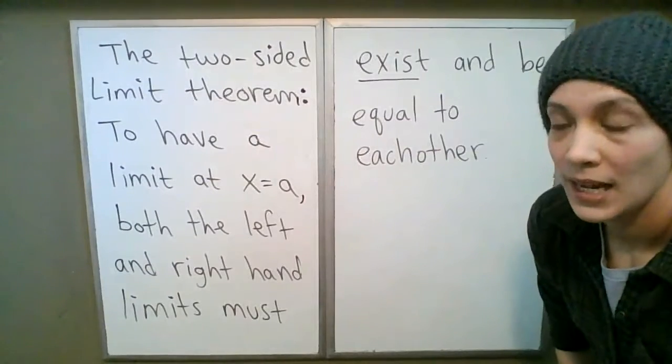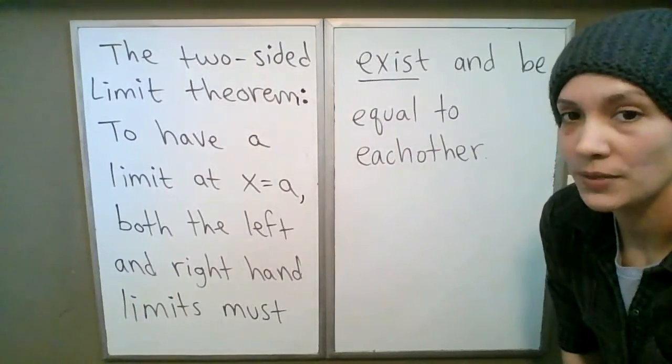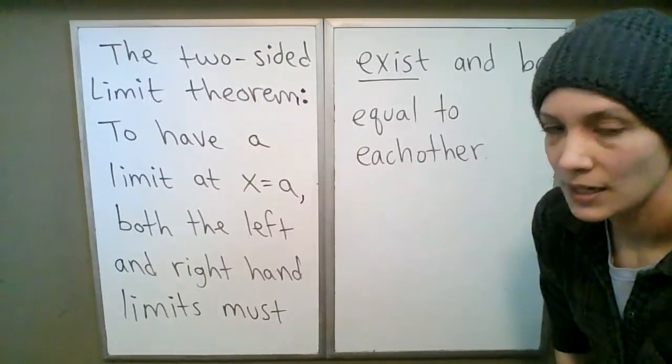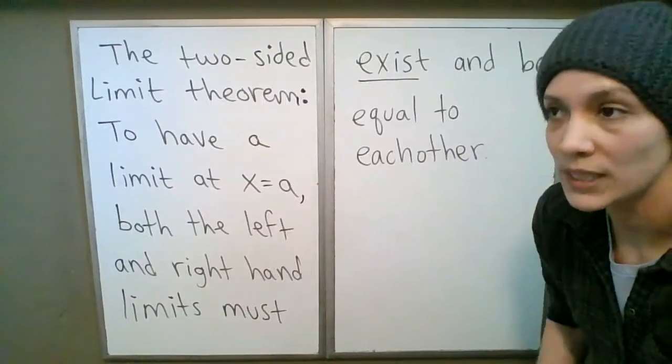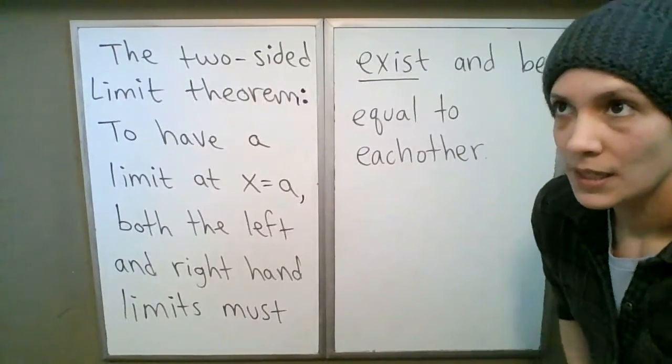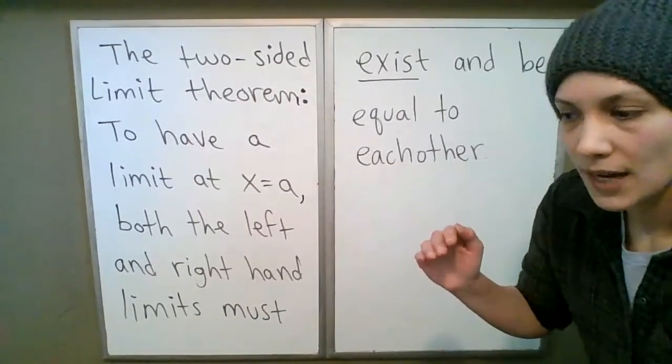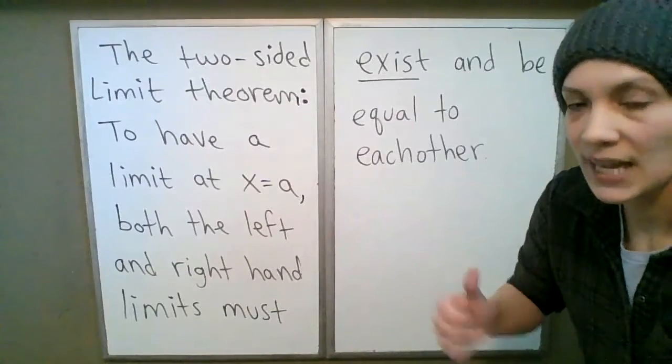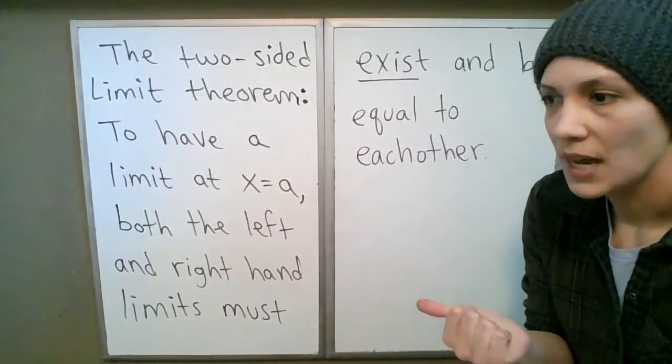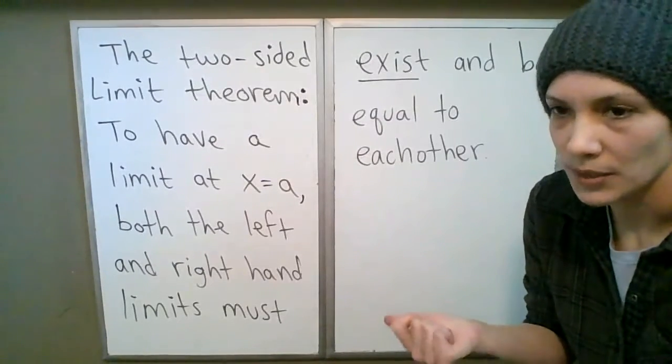The limit as x approaches a of f of x will be equal to L if and only if the limit from the right as x approaches a of f of x is L, and the limit from the left as x approaches a of f of x is also equal to L.